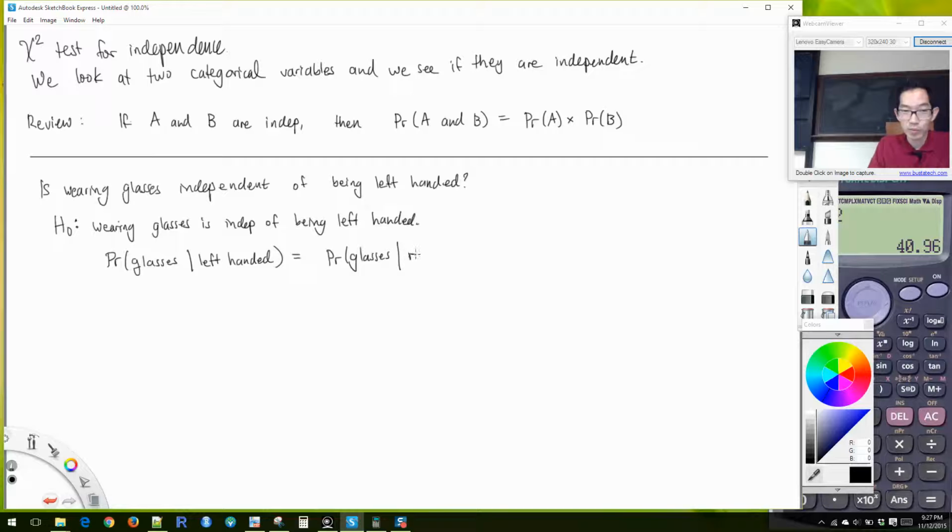Probability of wearing glasses if you're right-handed, or probability of glasses, period. Okay, so any combination of these would be fine as the null hypothesis. In this case we'll say you're either left-handed or you're right-handed. I know that's not always the case, but we'll just simplify our world and say you either are left-handed or right-handed.